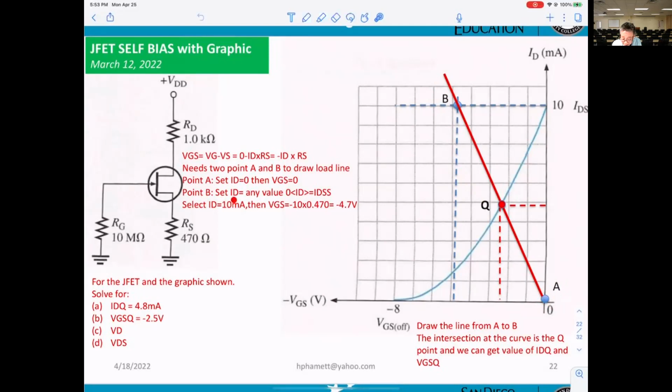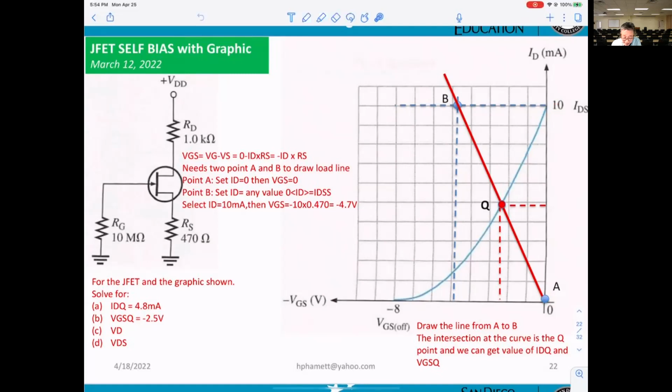Set ID equal to any value greater than 0 and less than ID at that. So you can pick any value of ID from here. They don't care. You can pick this point, or this point, or this point. Say you select ID equal 10 milliamp, that means right here.